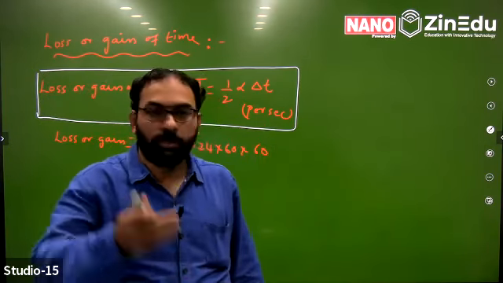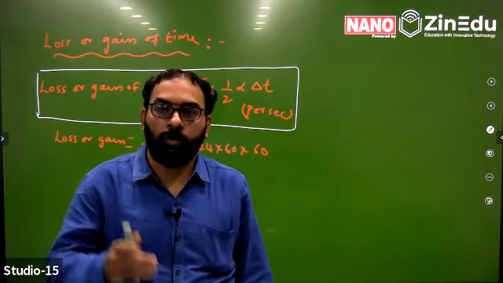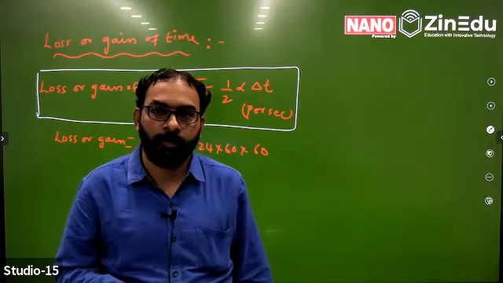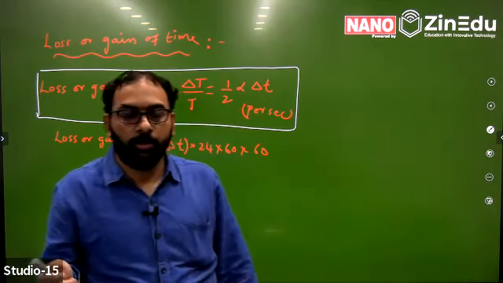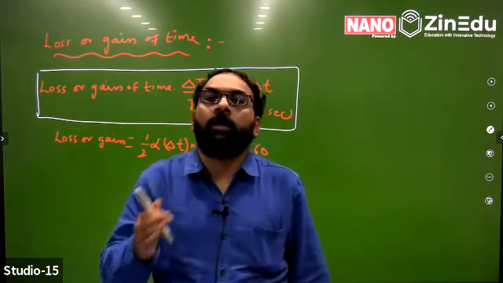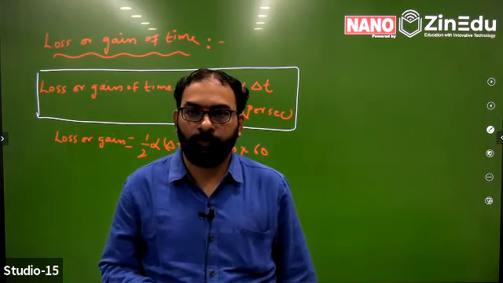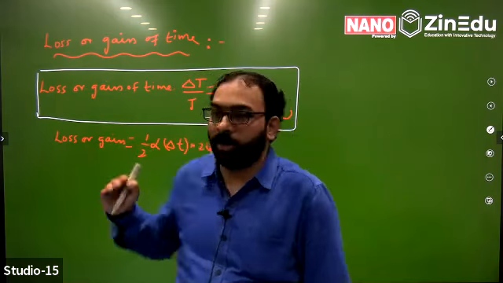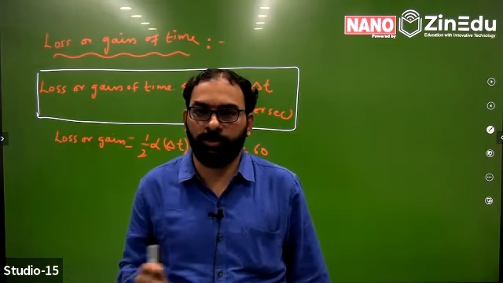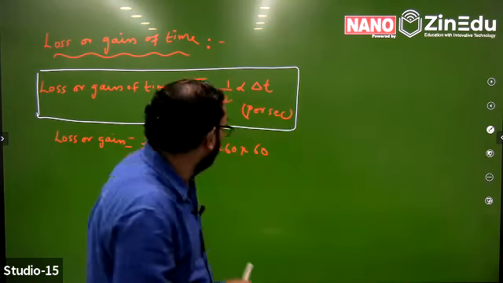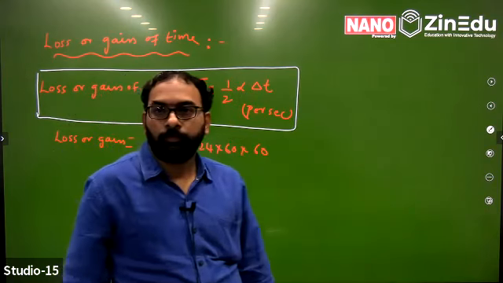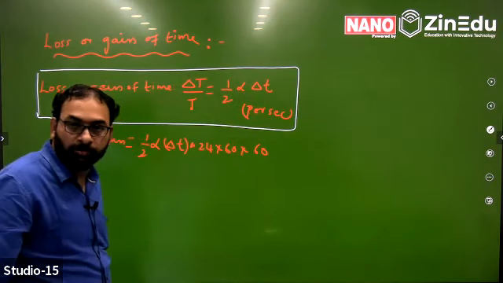Or if you allow the clock to oscillate for about 1 day, from morning to evening, or 12 hours or 24 hours, and if the temperature is the same, means the clock is running continuously and it is gaining time or losing time, whatever is happening, then you can measure for how much time you are observing the clock.